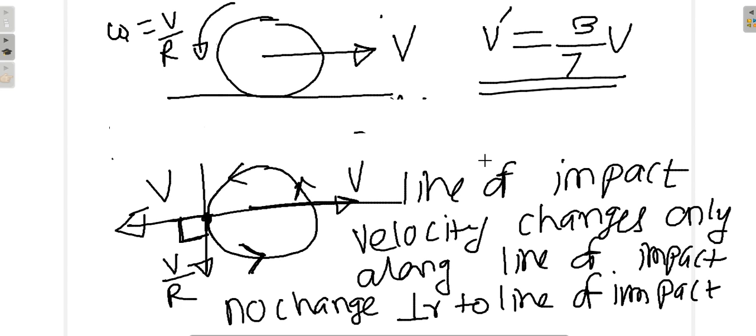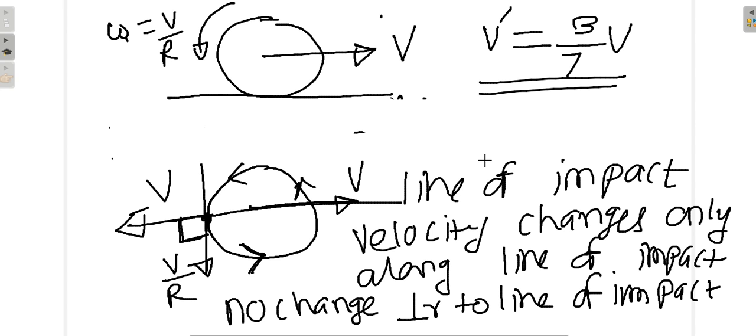Let us do one last example on this rolling. Let us take a solved example here.